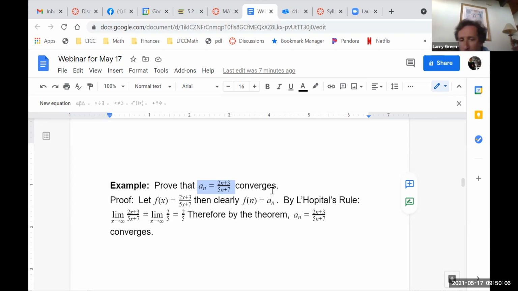In fact, you can just grab a number like 100. Do you all agree this will never get bigger than 100? Is that clear to everyone? And hopefully you know that it'll never get smaller than 0. This is never negative, right? For all positive n, you can't get a negative number when you take 2n plus 3 over 5n plus 7. So an is bounded.